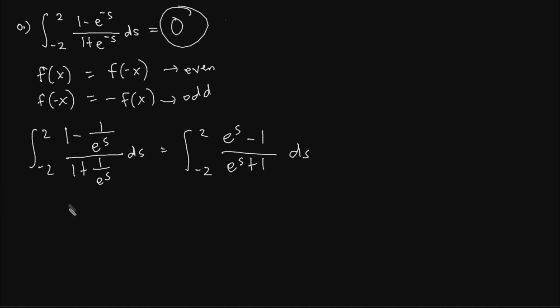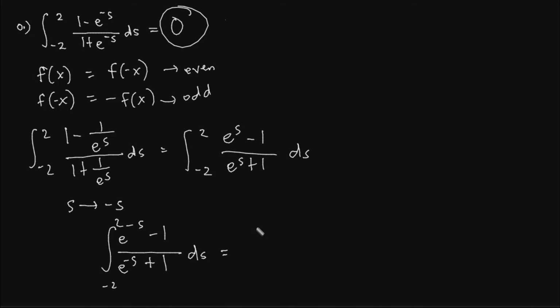Now, if I try doing something like if s turns to negative s, what happens? In this case, I have the integral of e raised to negative s minus 1 over e raised to negative s plus 1 ds, okay? So, can we actually compare this? Hindi natin siya pwedeng pag-comparein kasi hindi naman pares yung form.